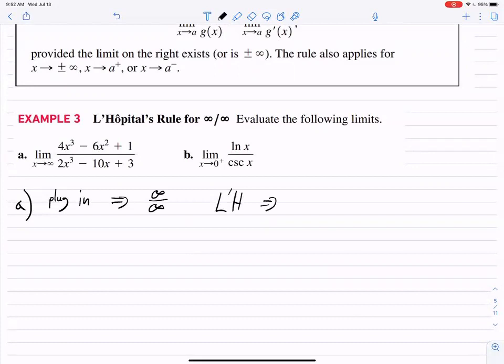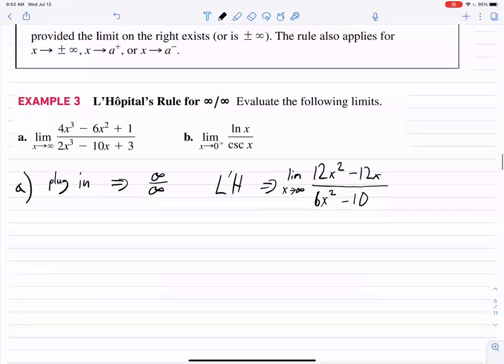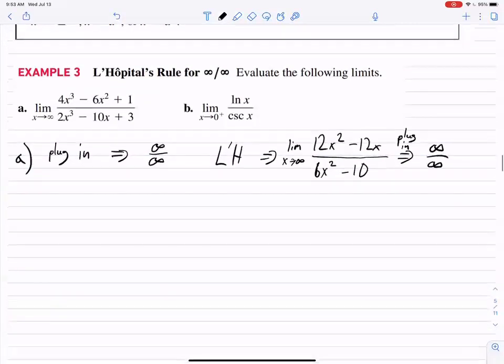So L'Hopital's rule gives us the limit as x goes to infinity of 12x squared minus 12x all over 6x squared minus 10. And so if you try plugging in, you'll get infinity over infinity again. And so then you can do L'Hopital's again.